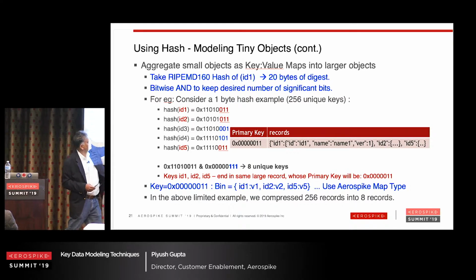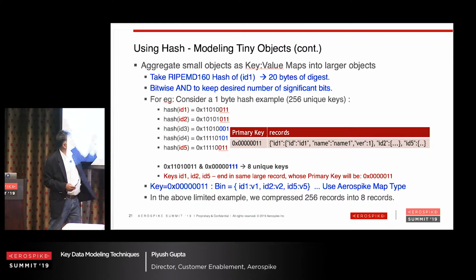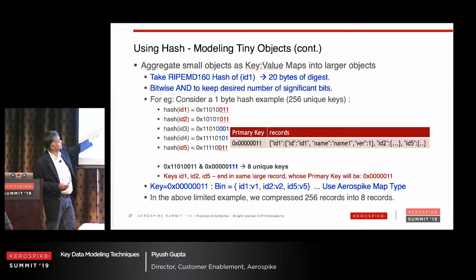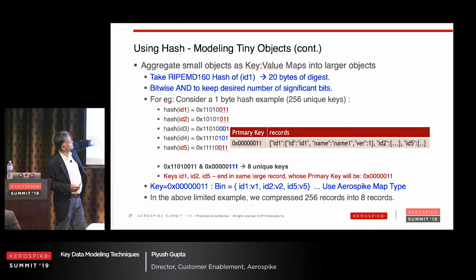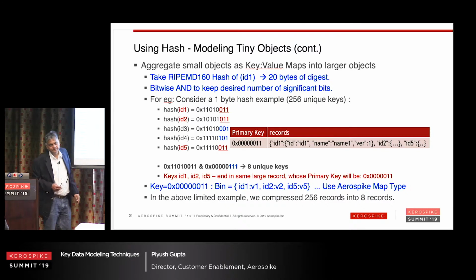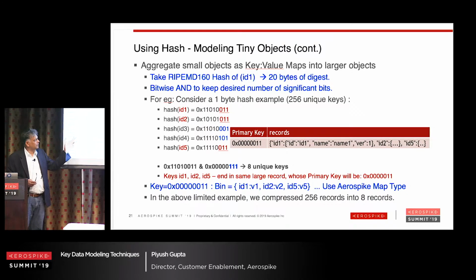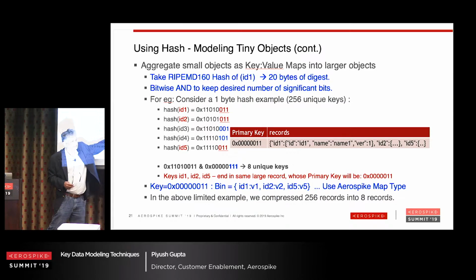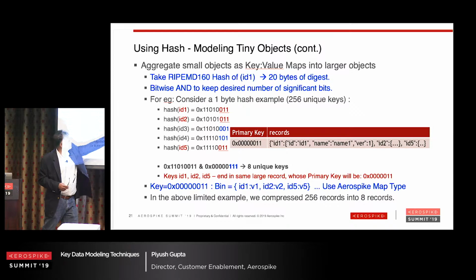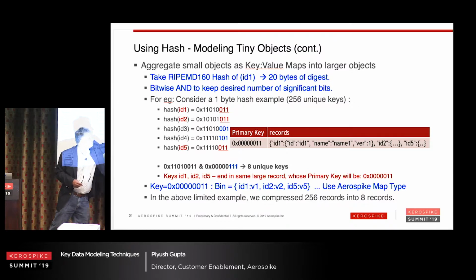Well, I'll take the user ID and hash it, and pick the number of bits to keep as the primary key. In this example, I show you with 256 unique keys, I can compress them down to 8 records. Anytime I want to see ID 1 data, I'll hash it, look at the 3 LSBs, and that'll be the primary key in which I'll find my record.